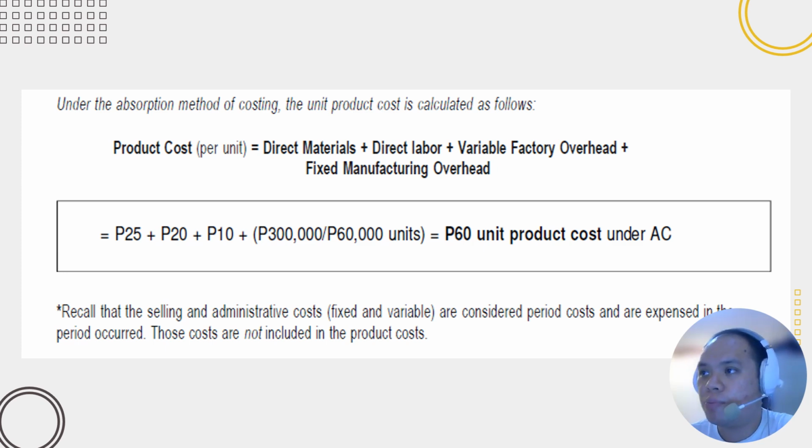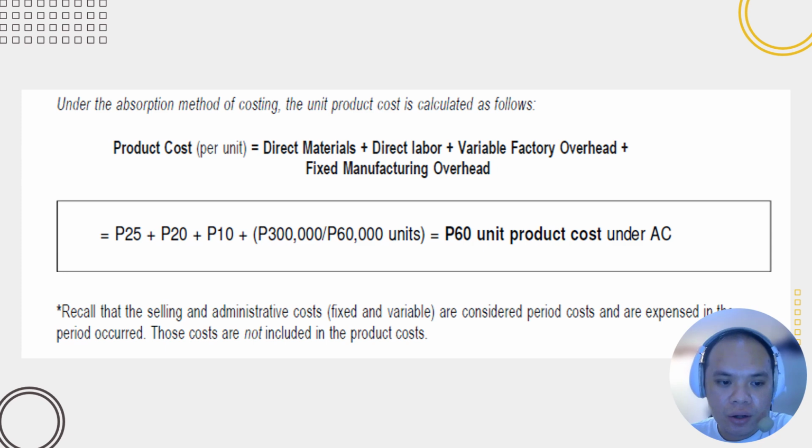We are not talking about the number of units sold, but the number of units produced, because that is the basis of our costing. So we come up with a 60 pesos unit product cost under absorption costing.